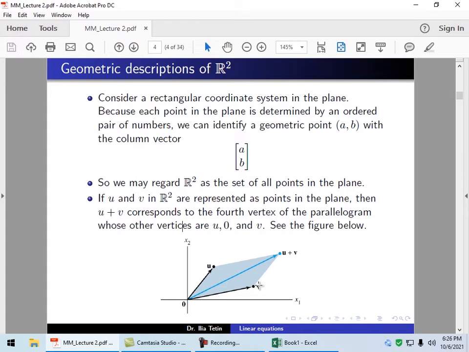We just draw a line from the origin to here. And u has a different set of numbers, and it is very convenient to understand that if we try to sum these two vectors, we just place vector u over here, starting from vector v, and here is the result, which corresponds to the blue line vector.